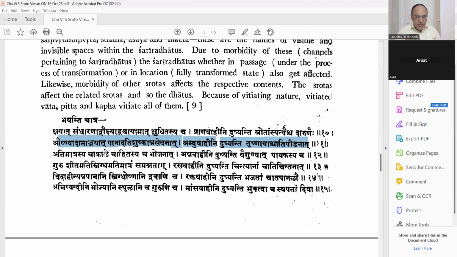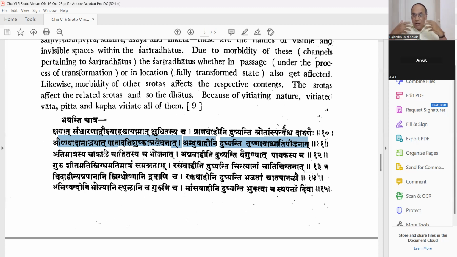Then what is next? Ambuvahini dushyanti trishna yascha pidanat. The person is suffering from excessive thirst or frequent thirst, excessive trishna, that is troubling him. That can occur, excessive thirst, which is called as polydipsia. Write down, polydipsia. That is one of the indications of diabetes mellitus, that patient having a lot of thirst.